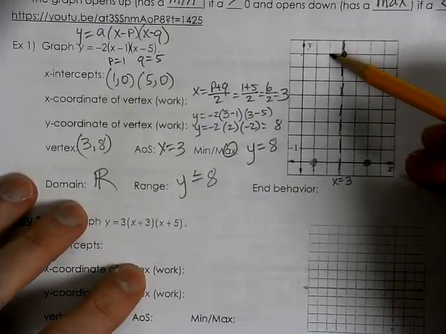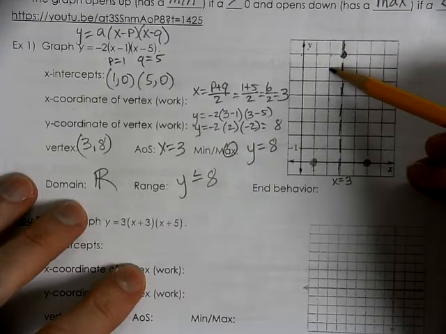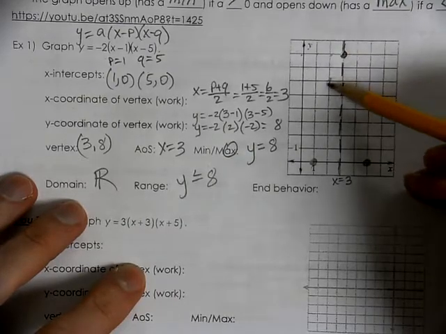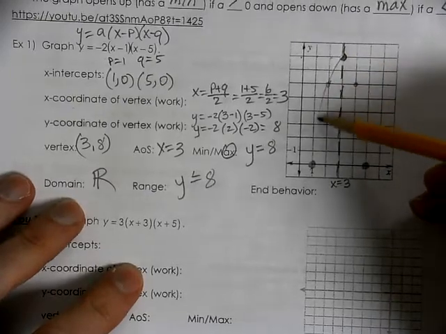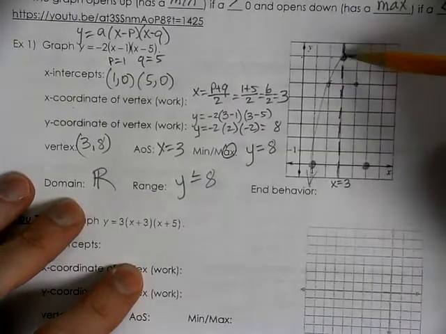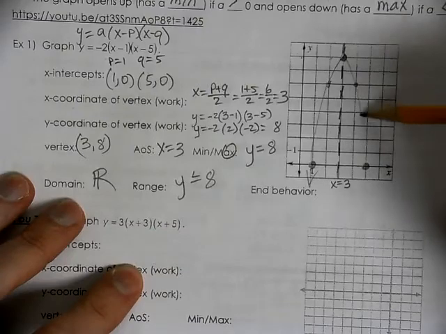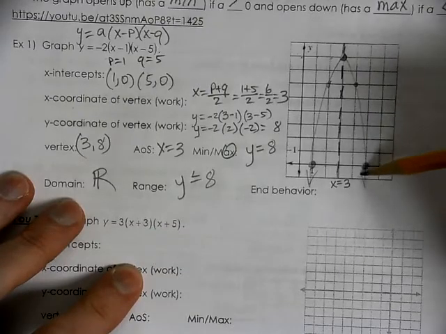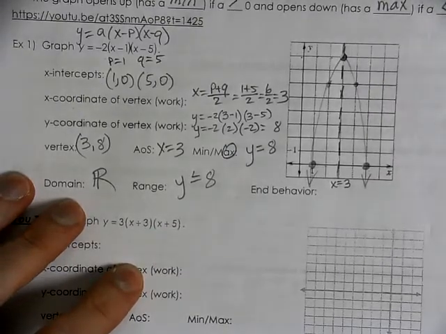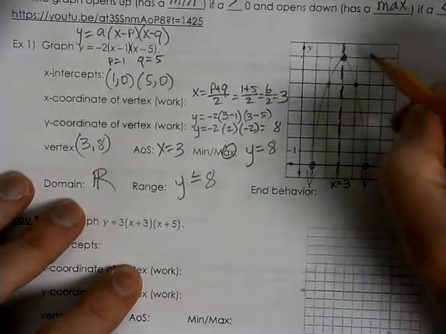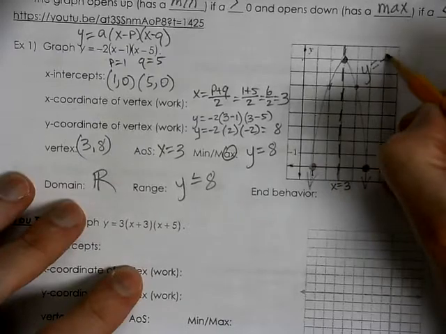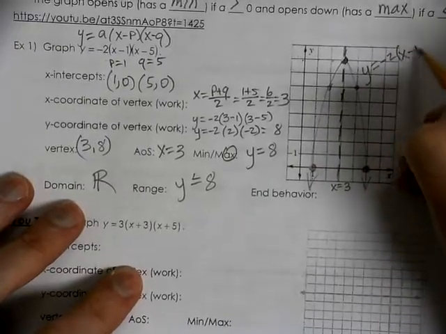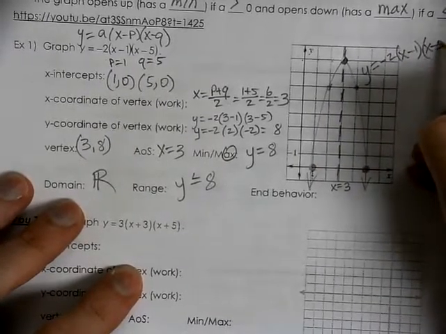So instead of going 1 and 1, because 1 squared is 1, we're going to go twice as far, to 2, because the a value is 2. That just allows you to have a better estimation of how your graph opens up, in this case, opens down. So y equals negative 2(x minus 1)(x minus 5).